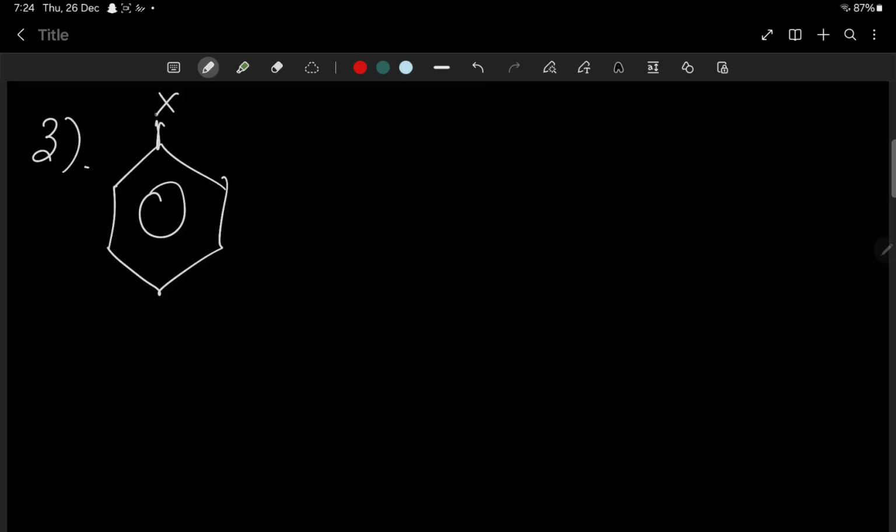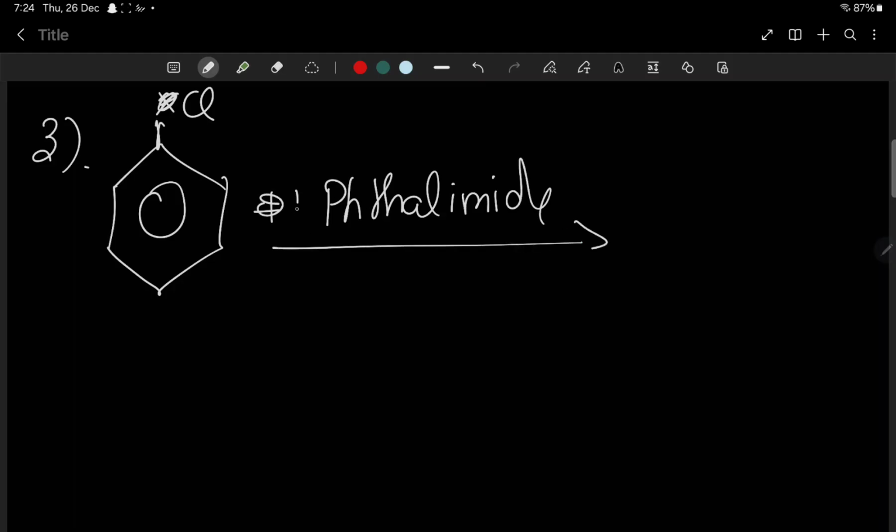Now another question, 3. I have taken chlorobenzene and I added phthalimide and KOH, then NaOH.